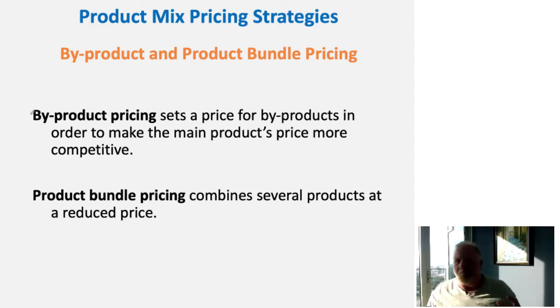So this is where we combine several products together to make our package of products more enticing to the customer, and to merge the prices of those products to get a more advantageous price. Many of you have experienced this with cable, for example. When you've moved into an apartment or a new house, or changed locations, you might want to get yourself internet.